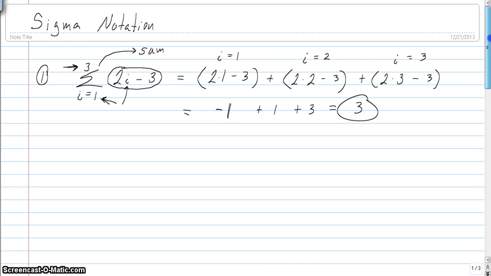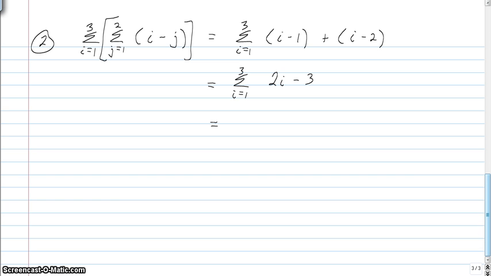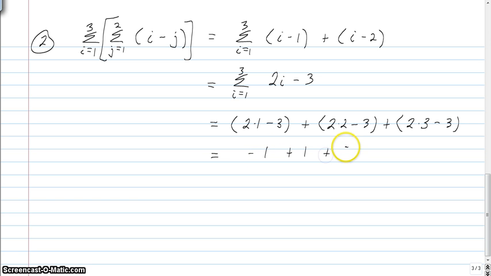Again, we already did it because that was my first example, but we'd plug in 1 for I, then we plug in 2 for I, and then we plug in 3 for I. So again, that's negative 1 plus 1 plus 3, which is 3.